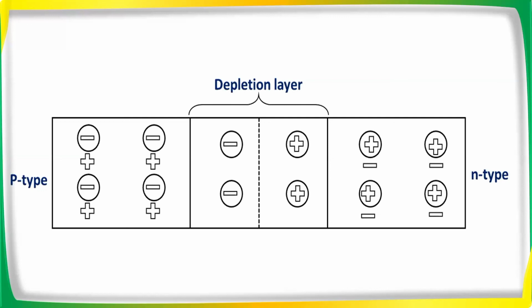So at the beginning of the N type there will be attraction, and also on the side of the P type, the electrons that will have accumulated there will attract the holes in the P type. So the depletion layer will increase. So the potential barrier is becoming bigger.